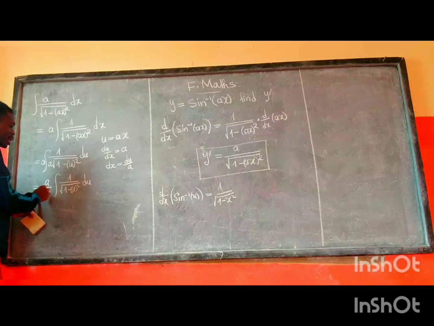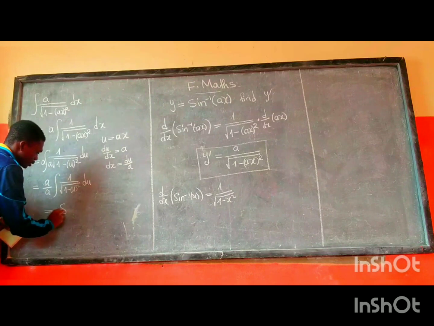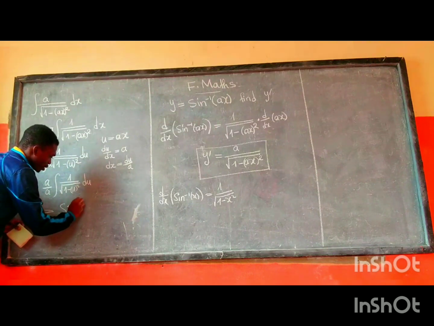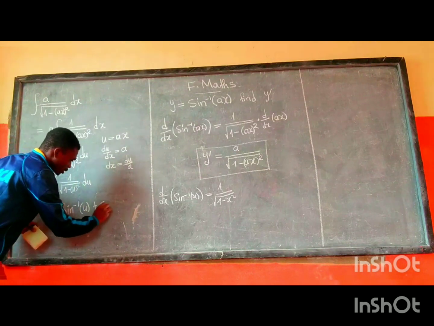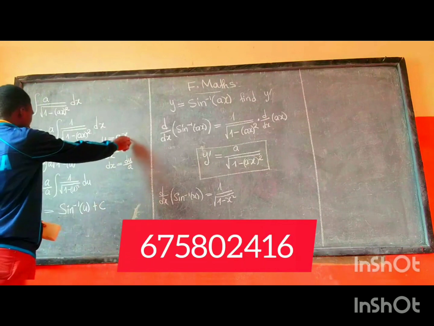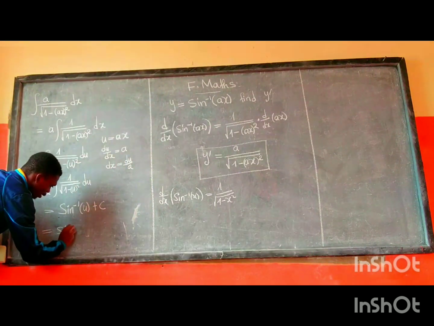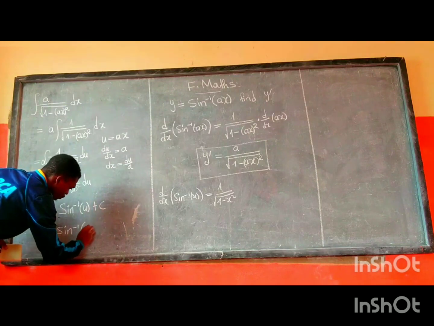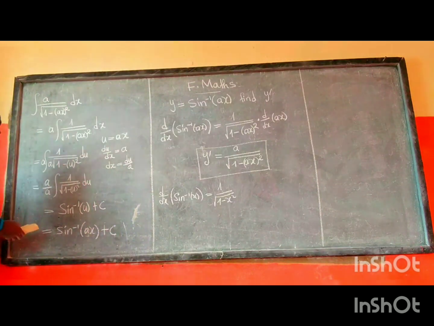And a over a is going to cancel off. I'm going to have sine inverse of u plus a constant. But now, u was equal to ax. I'm going to replace it there and have sine inverse of ax plus the constant of integration.